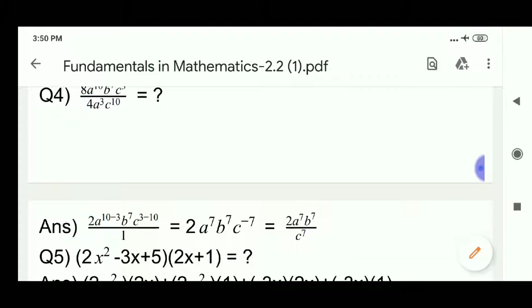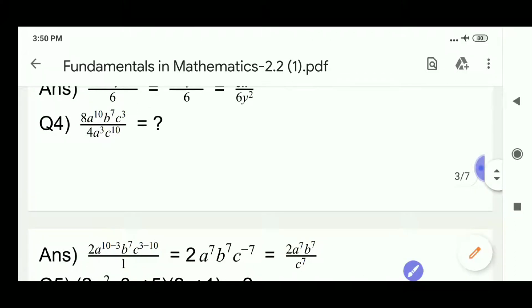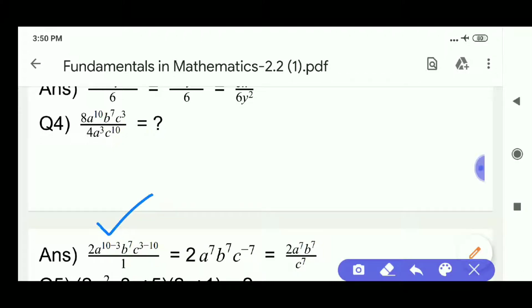And observe carefully, a power 10 by a power 3 is a power 10 minus 3, according to the formula a power m by a power n equals a power m minus n. And b power 7, there is no other b, so write it down. And c power 3 by c power 10 becomes c power 3 minus 10.